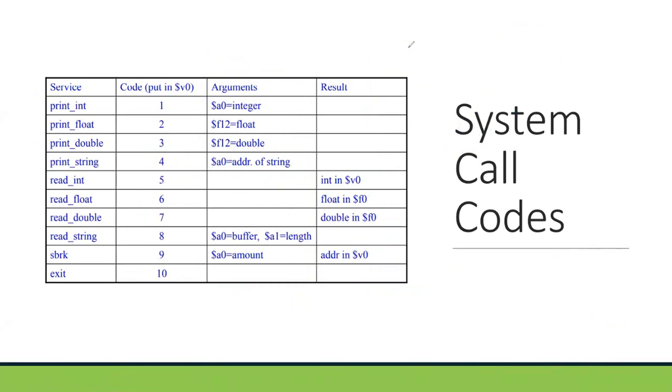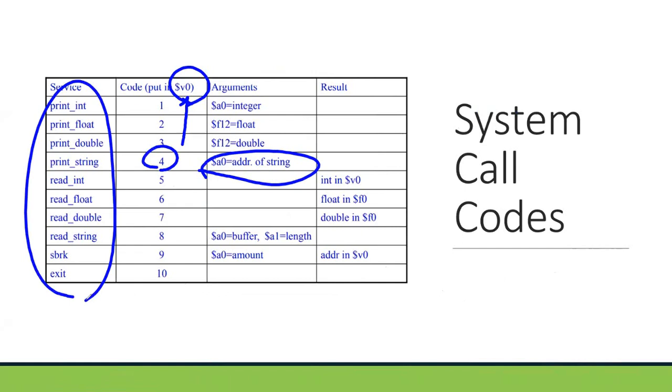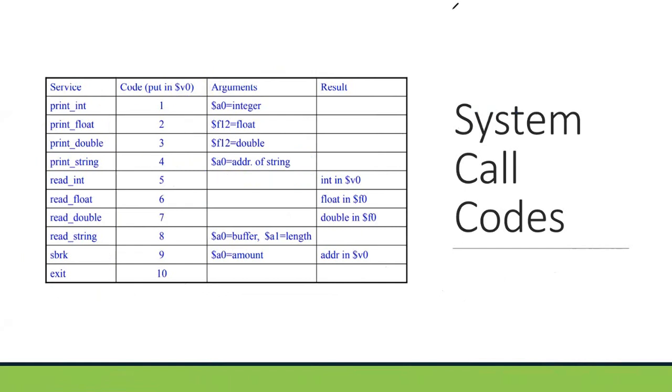And then you need to load an immediate data 4 to V0. A0 is for the address of the string. V0 needs to hold which service function vector you want. So that's something we need to know.